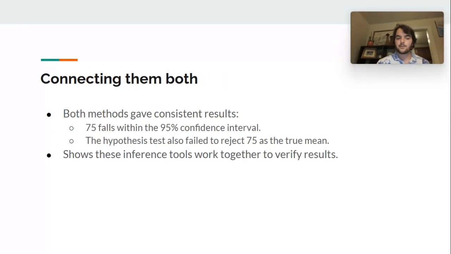So connecting them both, the methods gave consistent results. 75 does fall within the 95% confidence interval range for our first method. In our second method, the hypothesis test also failed to reject 75 as the true mean.